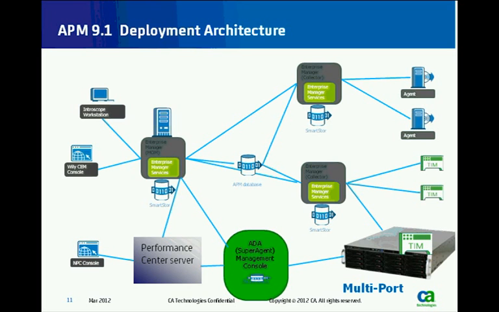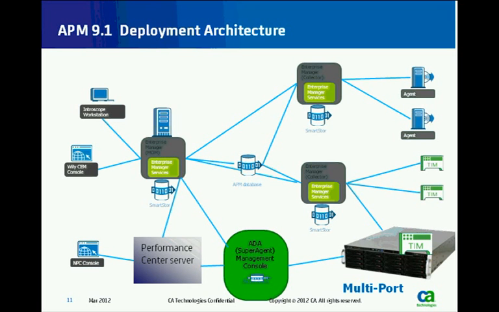And then the box on the left, the Performance Center server, that represents the CA Performance Center. Performance Center is a product that came from NetQoS. It's now been expanded to include more than just the original NetQoS products. eHealth data can be revealed in Performance Center, and now APM is a data source into Performance Center.